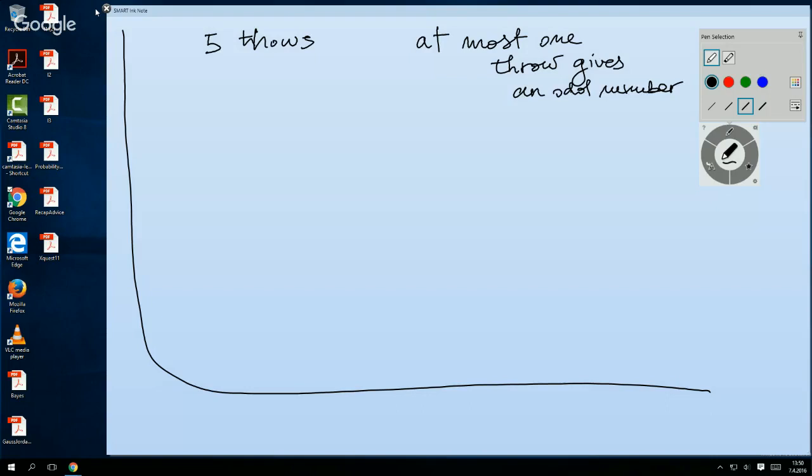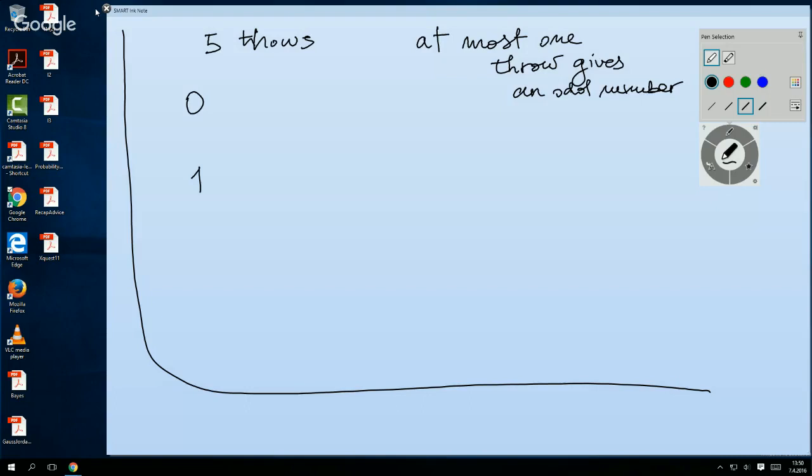So at most one means 0 or 1. Now, does this smell like a trial? A B trial, where B stands for Bernoulli.